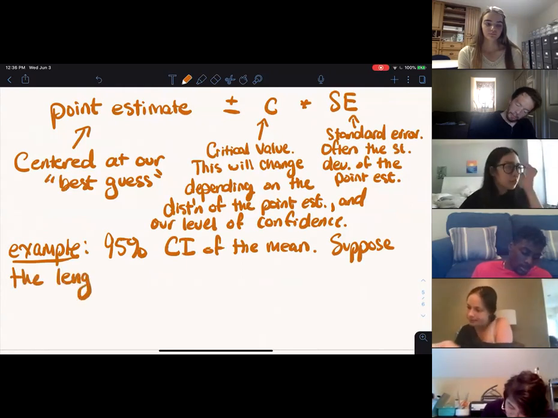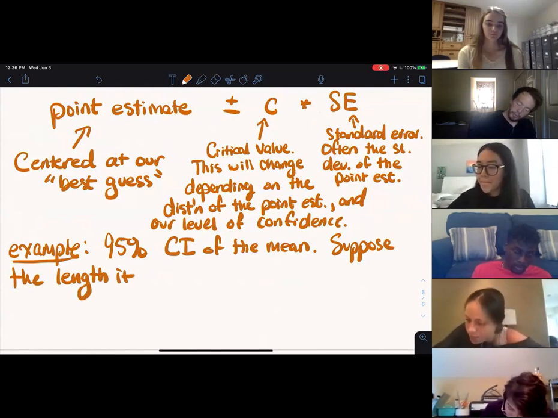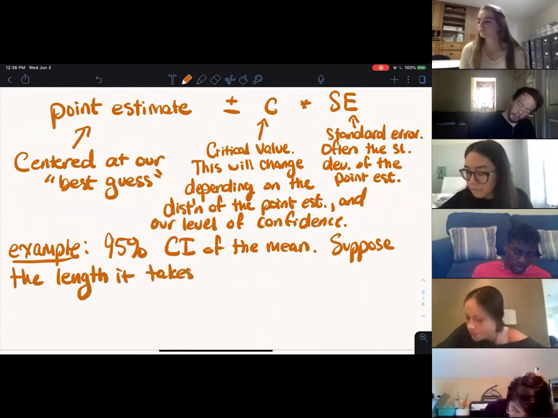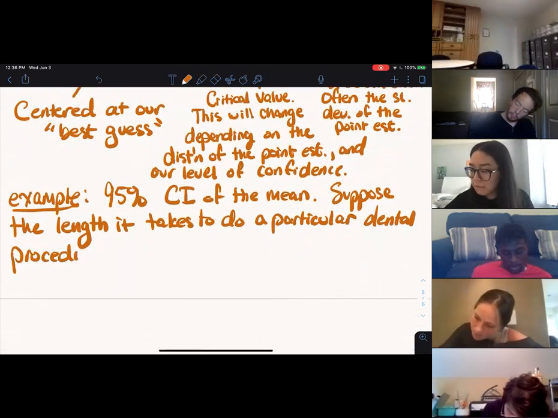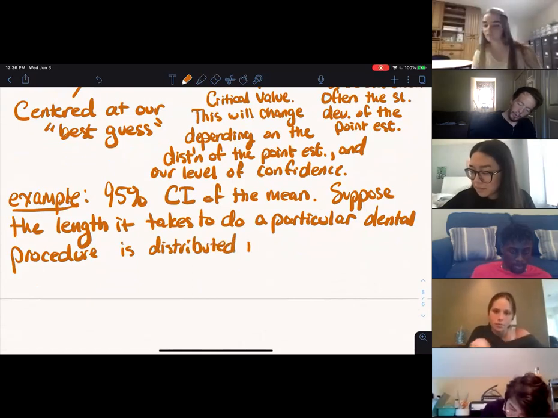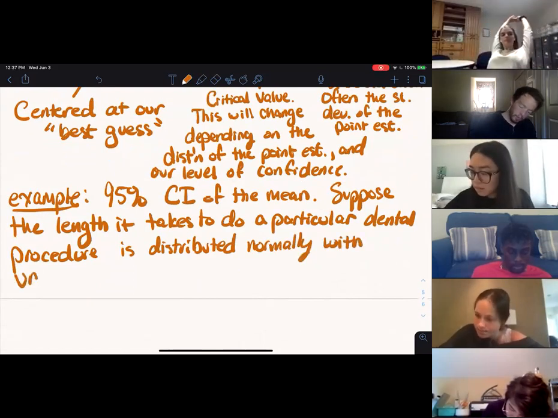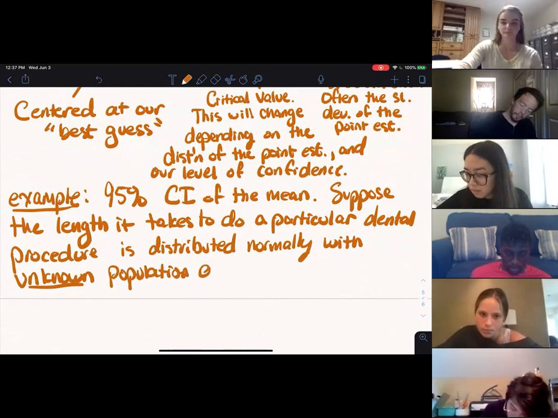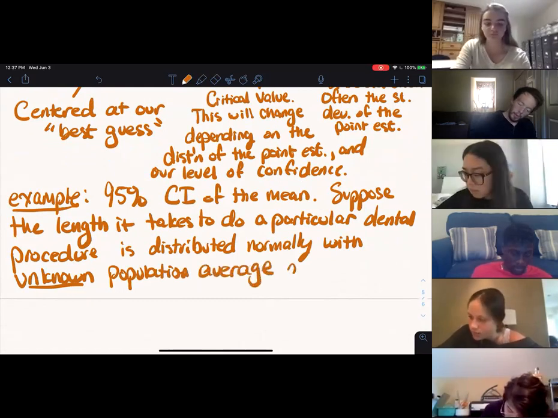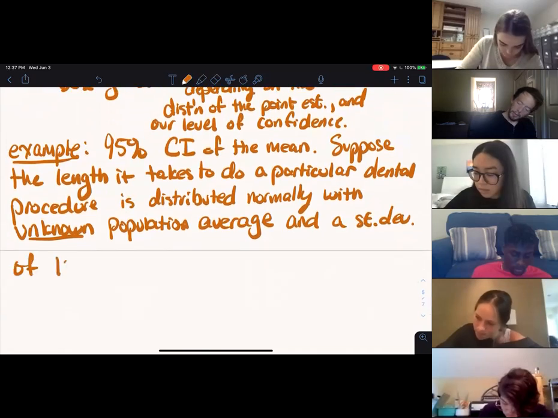Suppose the length it takes to do a particular dental procedure is distributed normally with unknown population average and a standard deviation of 10 minutes.